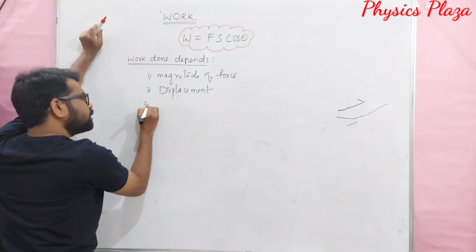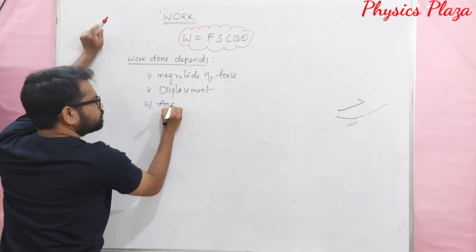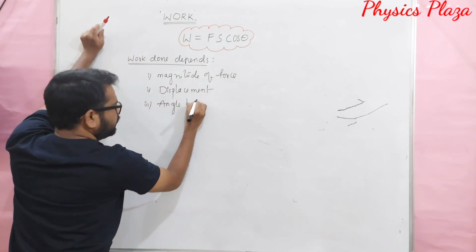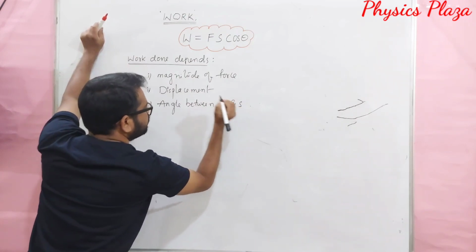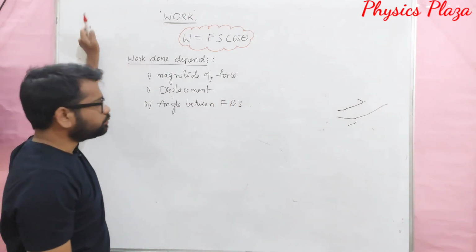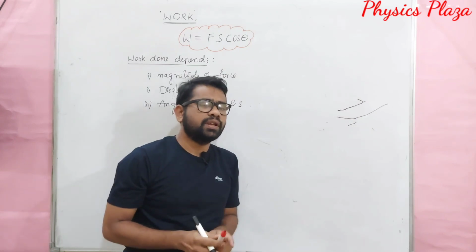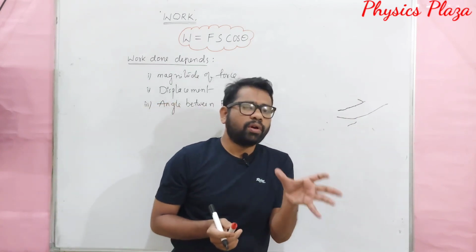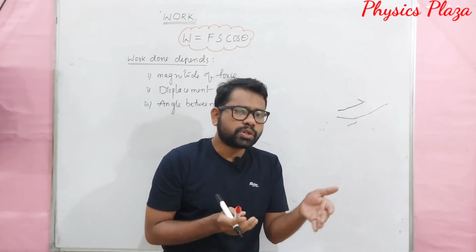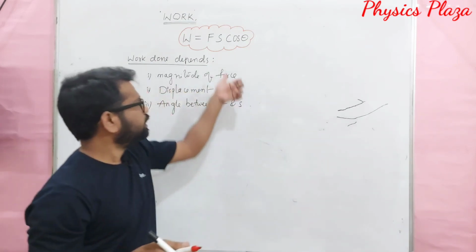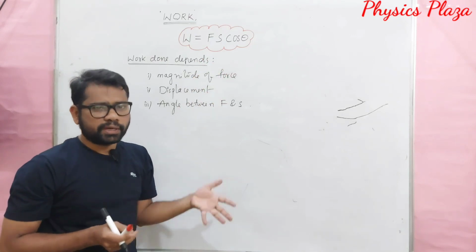And third one is the angle between force and displacement. Children, these are the three factors on which work done depends. So whether work done is more or less, whether it is positive, negative or 0, with the help of these three factors only we can say.